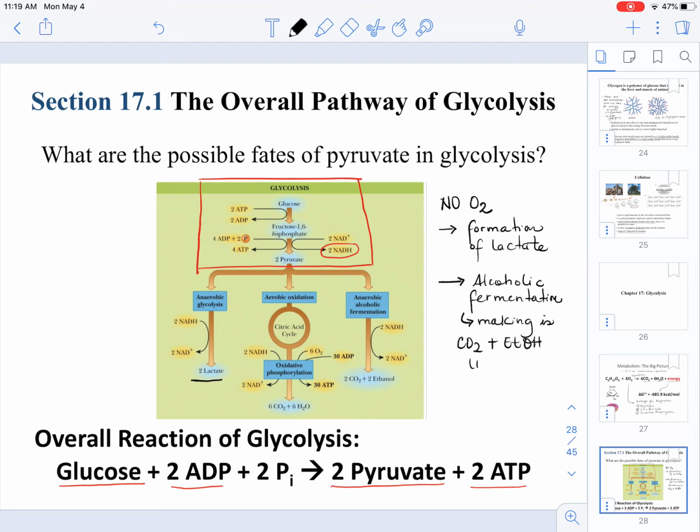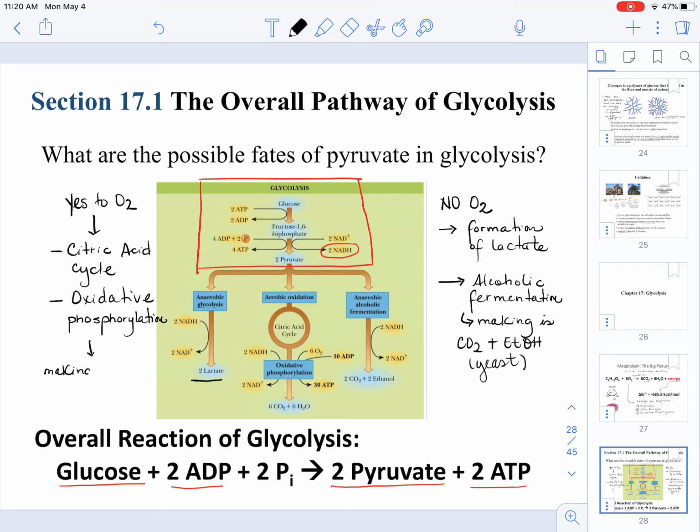If we have oxygen in the system, then what's going to happen to pyruvate is that it's going to go through the citric acid cycle, followed by oxidative phosphorylation, and that's how we're going to be making that CO2, water, and energy that I expressed in the previous slide.